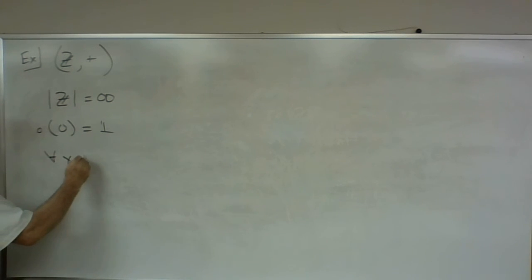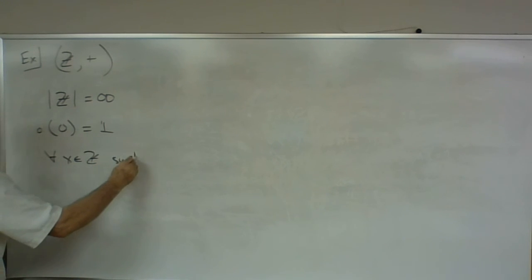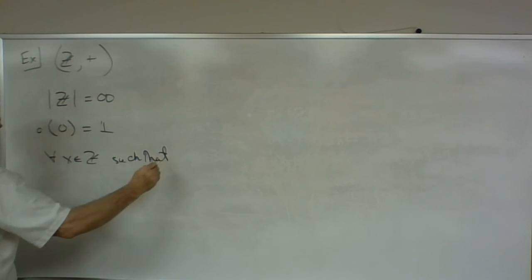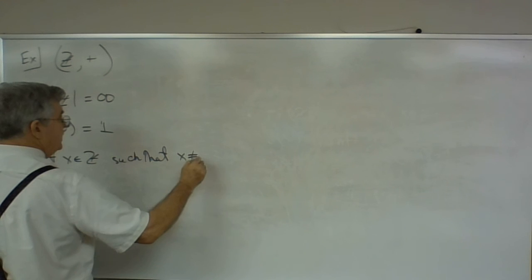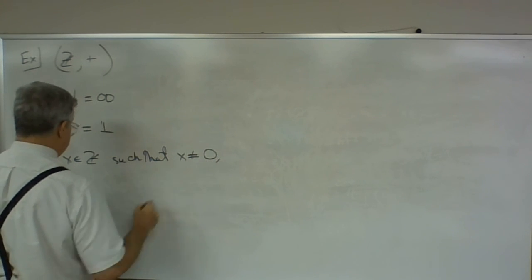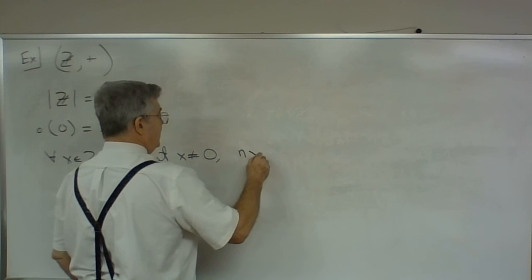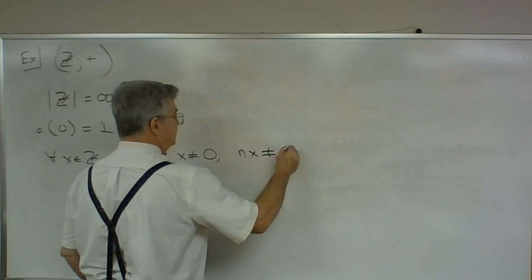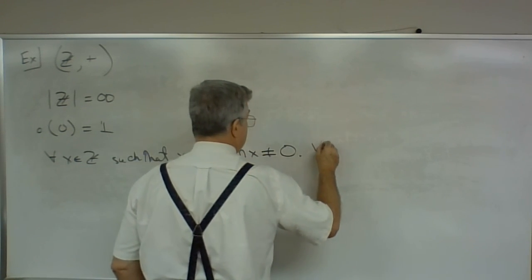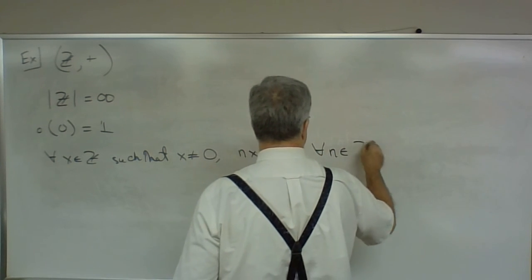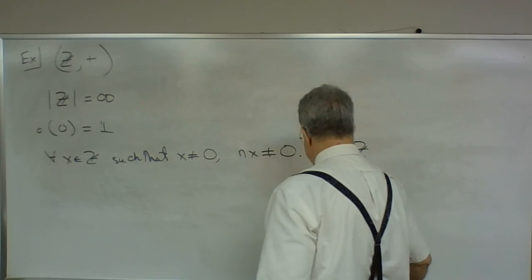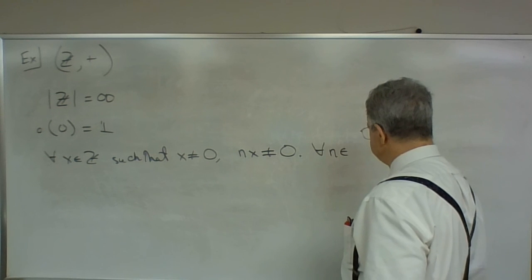For all x in the integers such that x is not equal to 0, nx is not equal to 0 for all n in the natural numbers.